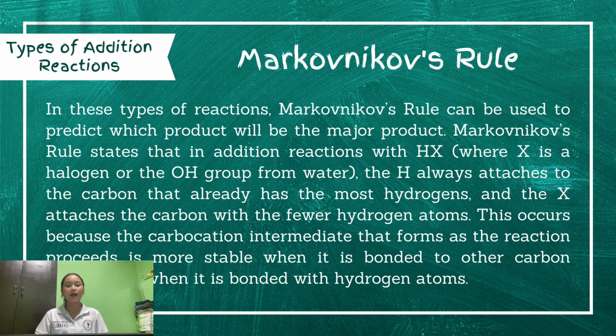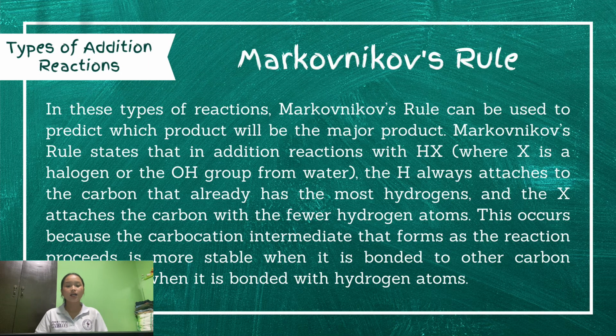To understand why this happens, we need to consider carbocation stability. In organic chemistry, tertiary carbocations are the most stable, followed by secondary and then primary carbocations. The reaction naturally favors the formation of the most stable carbocation, which is typically found at the carbon that is bonded to more carbon atoms rather than hydrogen atoms.